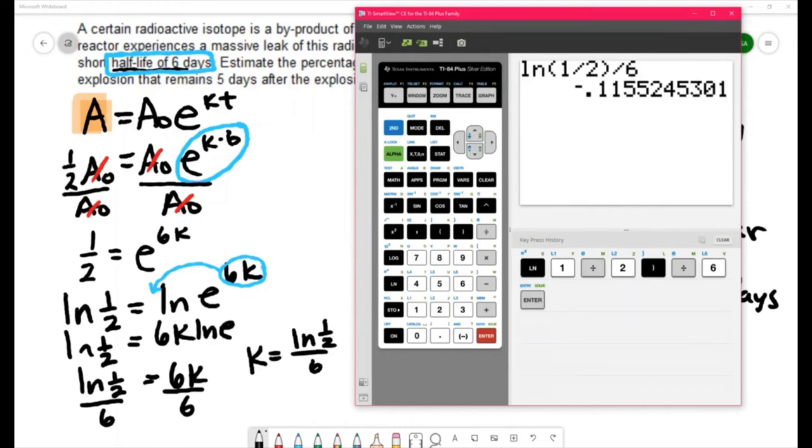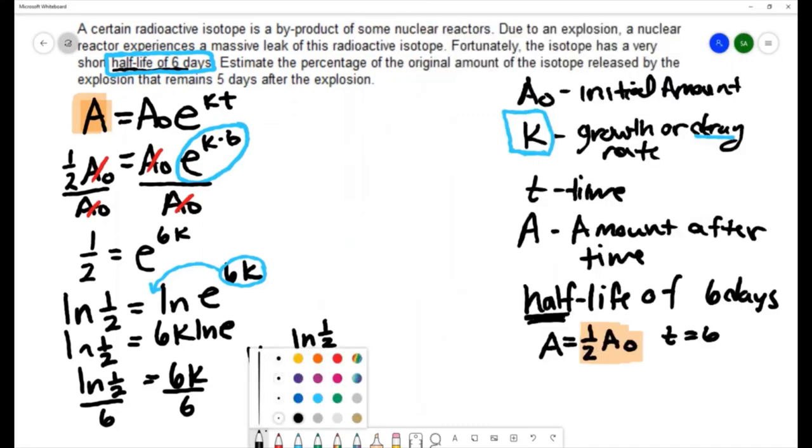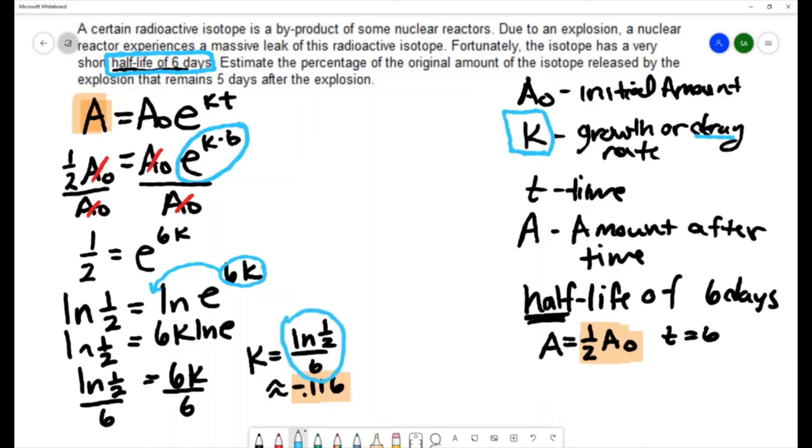That would be negative 0.116. Even though I calculated that decay rate to be a decimal, I'm going to use the exact value of natural log of 1/2 over 6 in my calculation, because you don't want to round too early in these problems. It can cause rounding error.